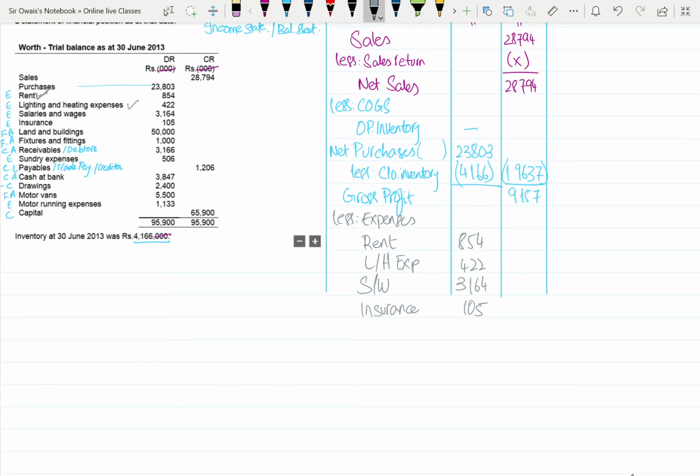And then the other expenses, sundry expenses, that is 506. And then another expense, I guess this one, motor running expense. Motor running expense. And this is 1133.